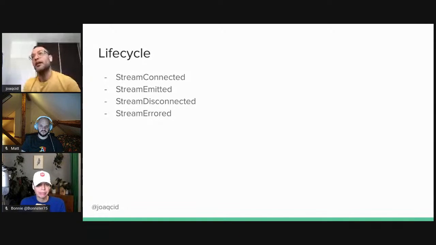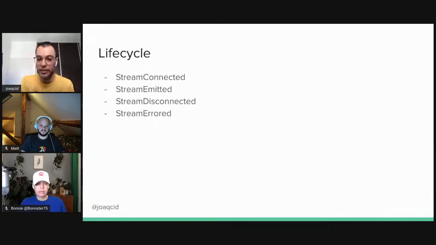Okay, and the other thing I wanted to talk about was the life cycle that I quickly went through when we talked about the example. Basically, the plugin has a couple of life cycle hooks that you can hook into. Stream connected is when you get the first result of a query.